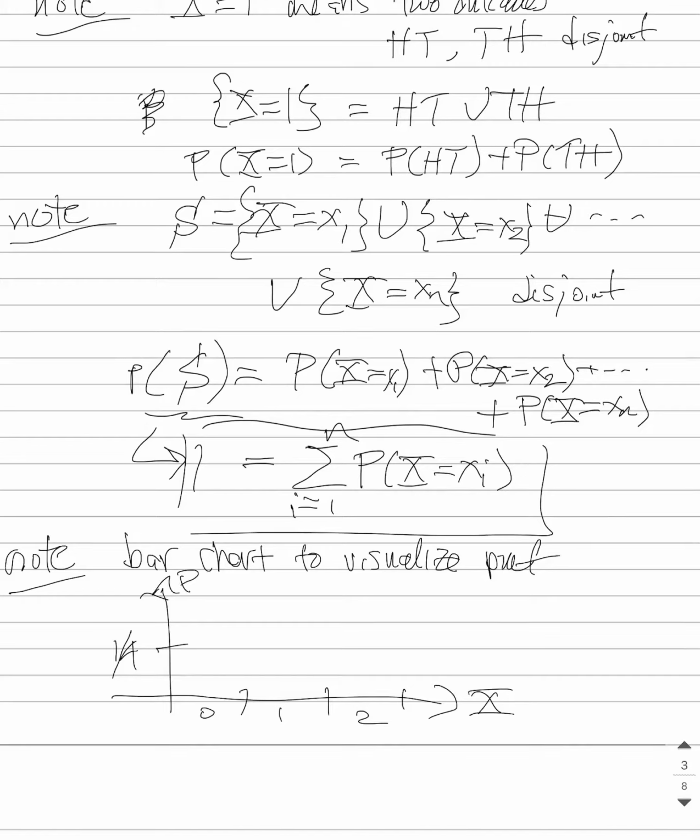On the horizontal axis, we will list all of those outcomes, and on the vertical axis, we will just draw a bar, a height, to represent the probability. So in this particular case, it's very straightforward to visualize what's happening in our situation.